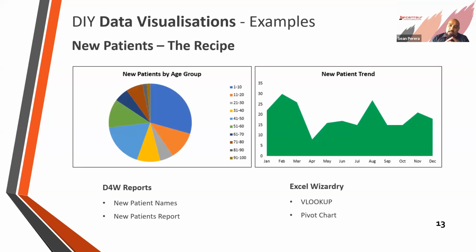So information like this can be very handy to collate and visualize at your practice, because depending on your marketing efforts, you might say, I'd like to see referral source by age group and how many patients did I get in that particular period. And also your new patient trend. If you have a particular business strategy that focuses on new patients, this is a good one that you can do for your practice.